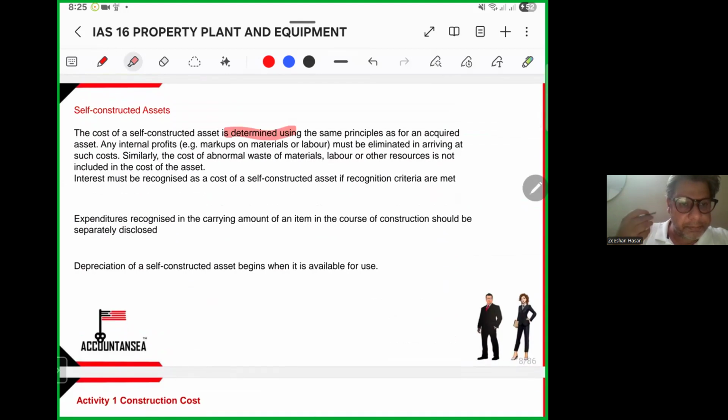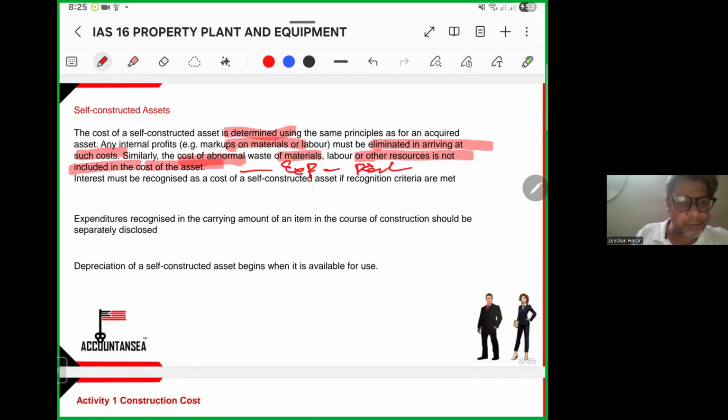Any internal profits, for example markups on material or labor, must be eliminated in arriving at such cost. Similarly, the cost of abnormal waste of material, labor, or other resources is not included in the cost of the asset. It will be expensed in the profit and loss account.